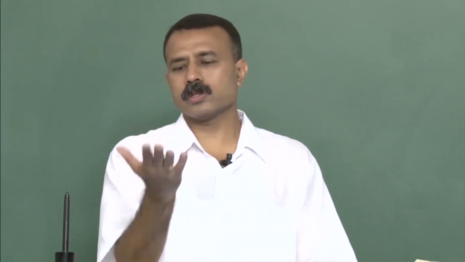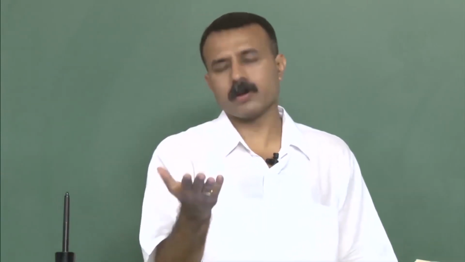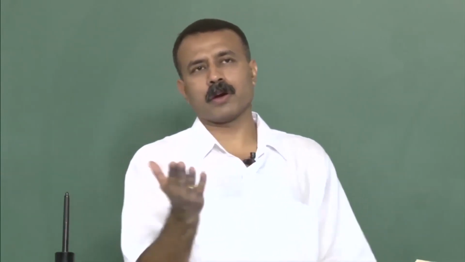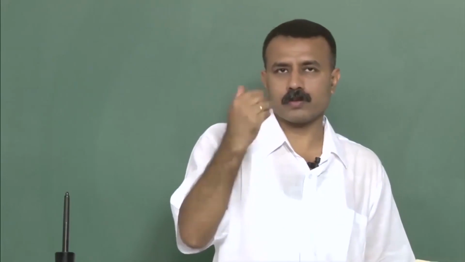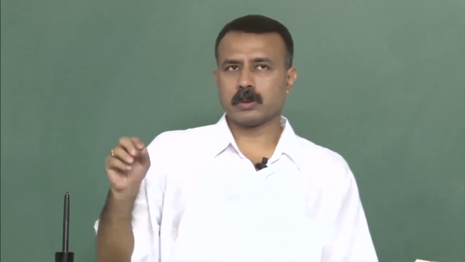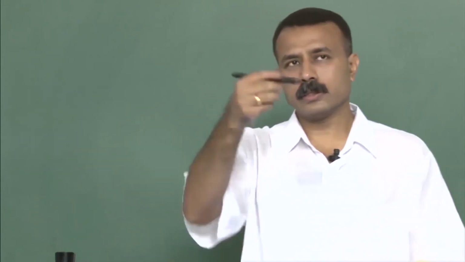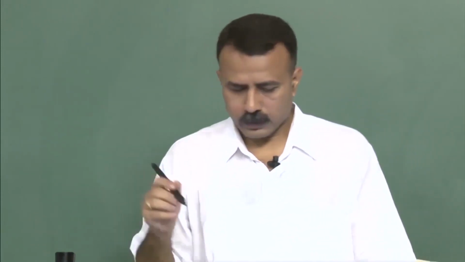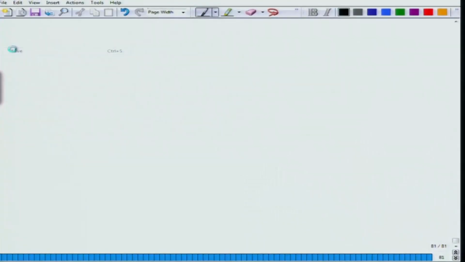So, whenever you see a blood report, you should be able to figure out whether eosinophil has gone up or basophil has gone down and so on and so forth. So, now let us get back to the details of some of these different cells. Okay. So, we will first start with neutrophil.